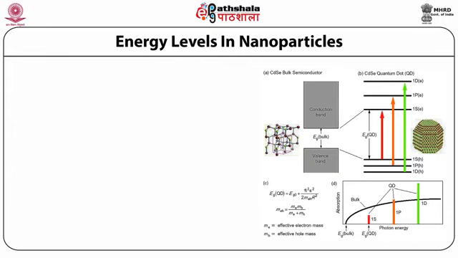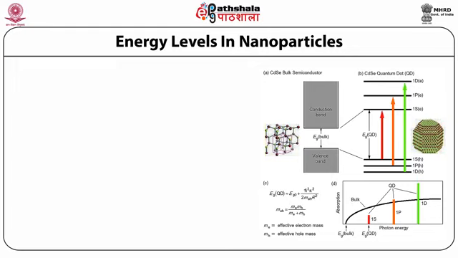In this figure on the left-hand side, the first part A shows a cadmium selenide bulk semiconductor having a valence band and conduction band. Now if we make a quantum dot of it, the cadmium selenide quantum dot, then the energy gap between the energy levels increases as shown in this figure.